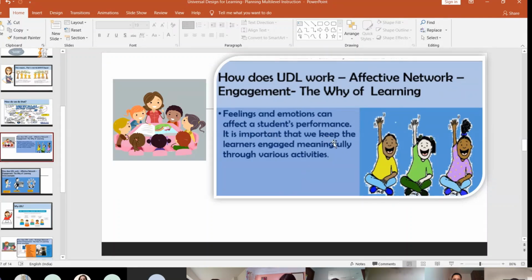It is important that we keep the learners engaged meaningfully through various activities. Suppose we are not able to give everybody a chance, but there can be other ways we can keep them engaged, so that they don't feel neglected. Many times, from my experience, I came across this feedback: ma'am, I am not able to participate, you don't ask me.